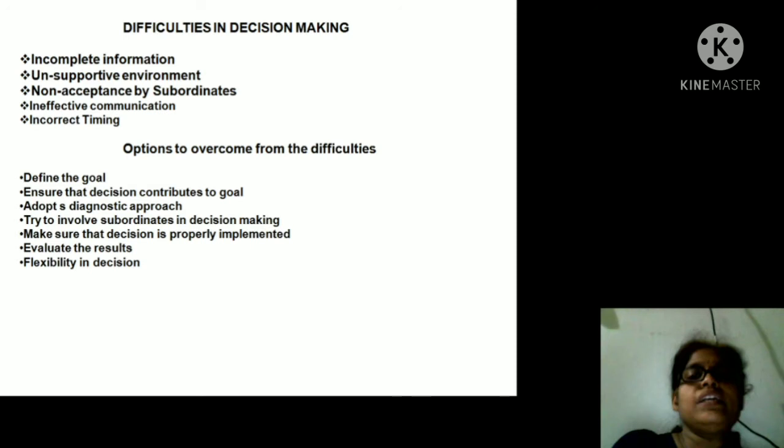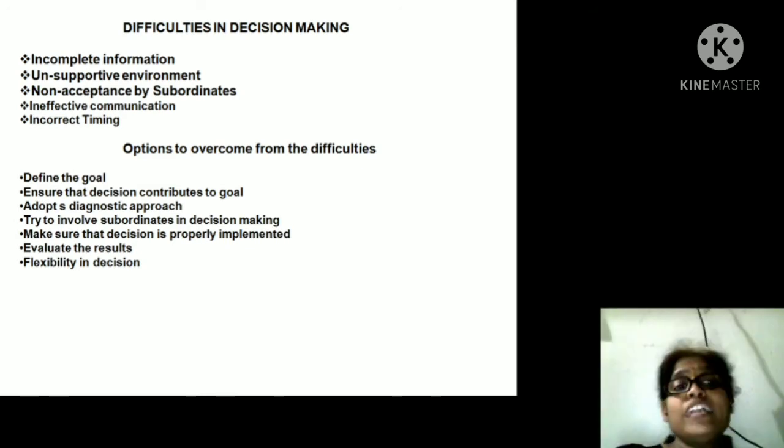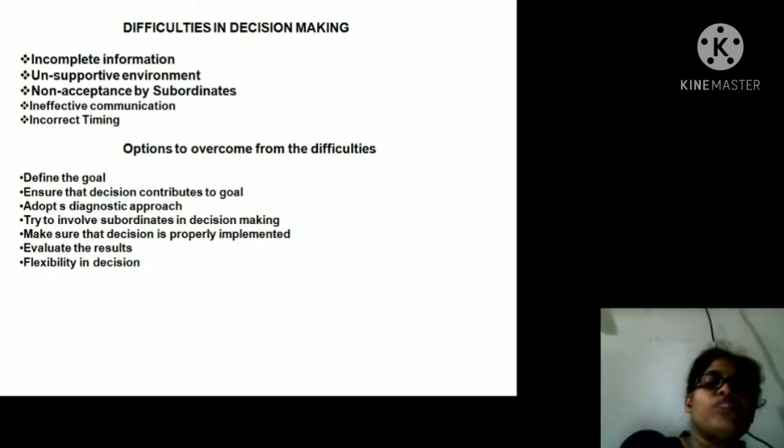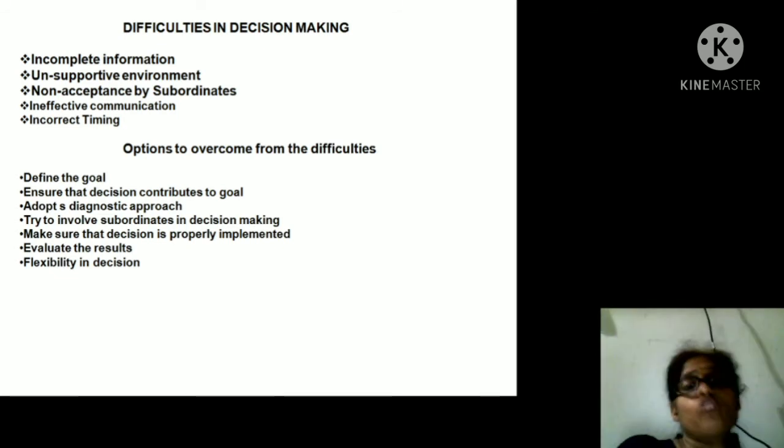Means the decision is taken, managers have decided, but if it is not channelized properly up to the subordinates, up to the employees, because of ineffective communication, it should not happen. Whatever decision has been taken, if it is properly communicated to the subordinates and employees, then only is there a use of decision making. Otherwise, ineffective communication will become a difficulty in decision making.